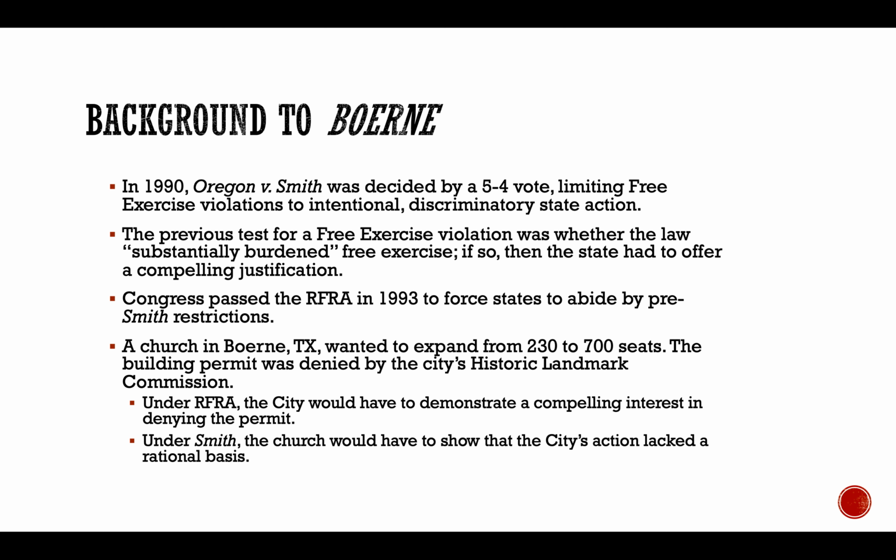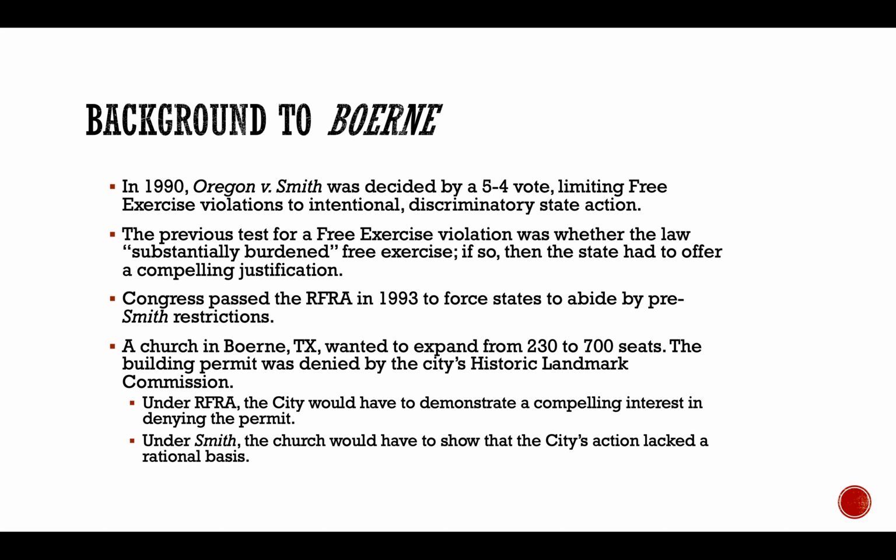But under the Smith test, the burden is not on the city. The burden would be on the church. And what the church would have to show is that the city's action lacked any rational basis whatsoever. The reason that this is such an important issue to decide at this point is because determining which standard of review governs is essentially to determine the outcome of the case.